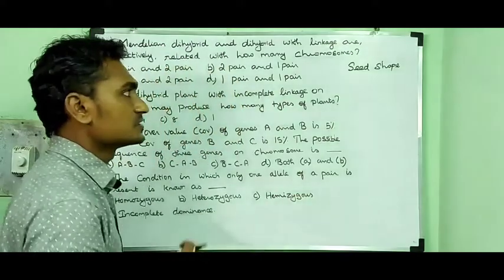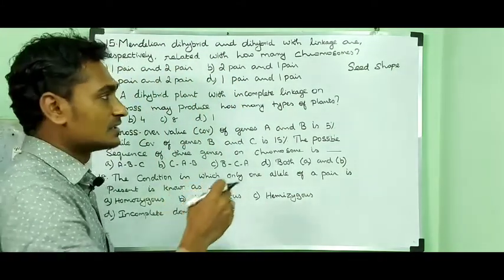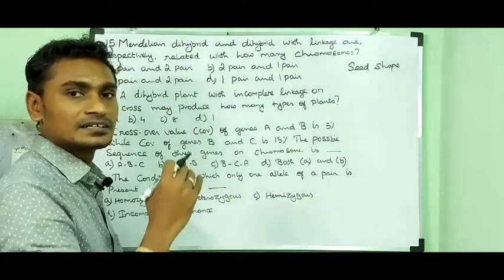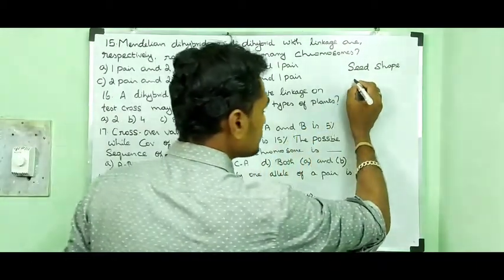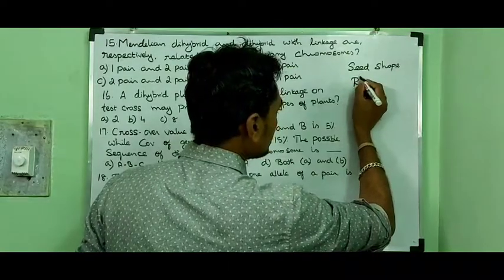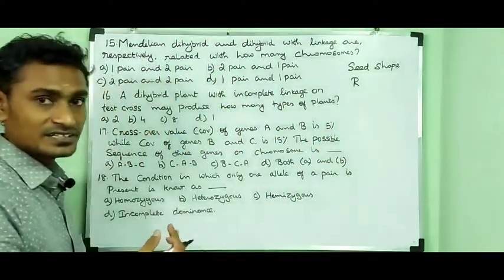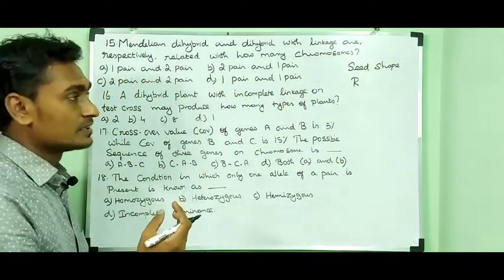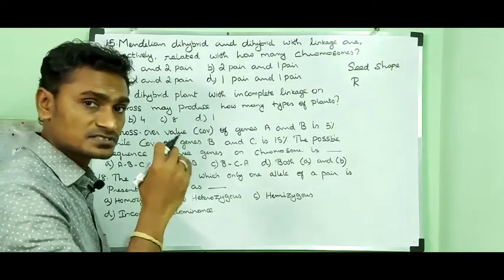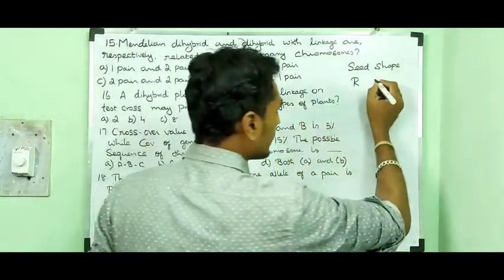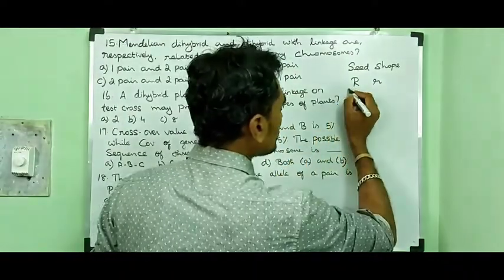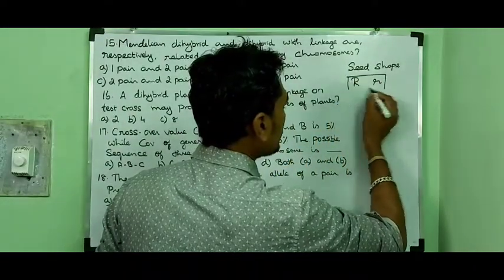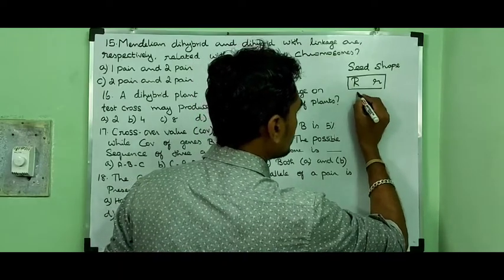If the seed is round, it is represented by the allele capital R, because round is the dominant character. If the seed shape is wrinkled, it is represented by the allele small r, because it is a recessive character. So it is one pair of alleles.